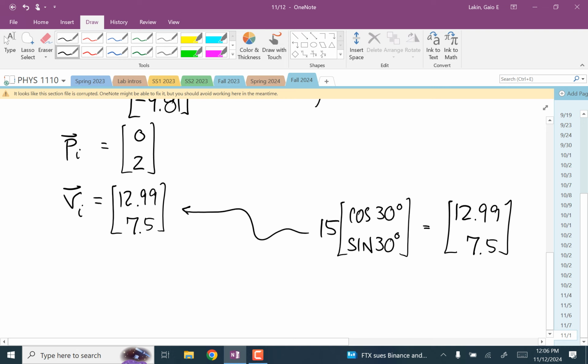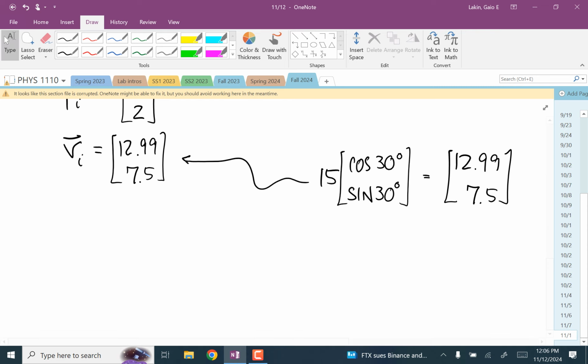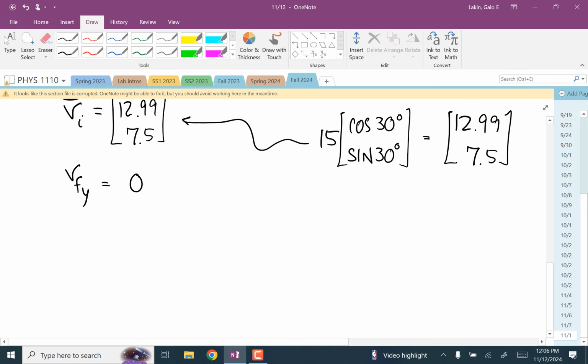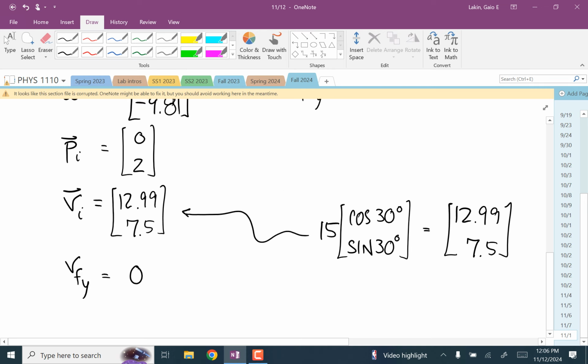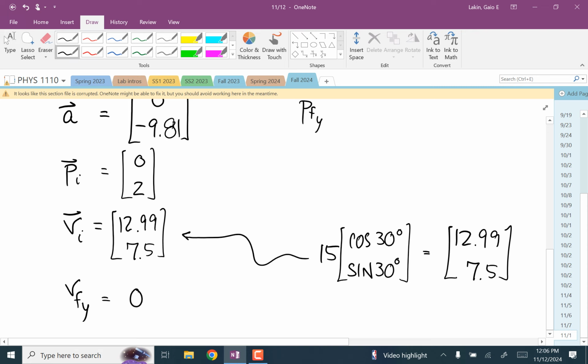And then we're looking for the highest point. Do we know anything about the final velocity? At the highest point, you always know that the y component of the velocity is 0, so VFY is equal to 0. Now we're looking for an equation that'll let us calculate PFY.